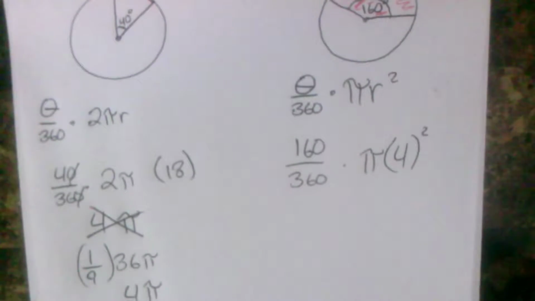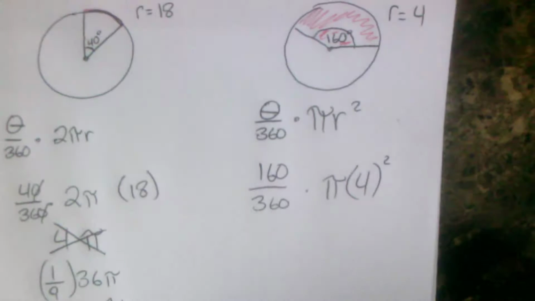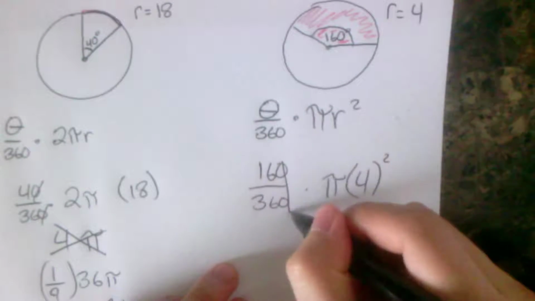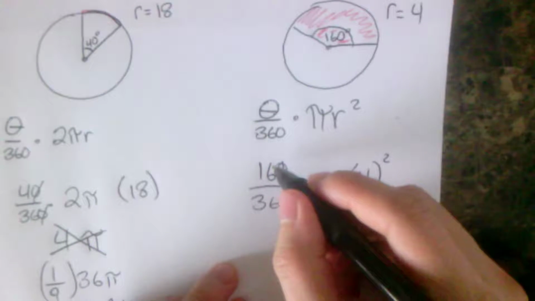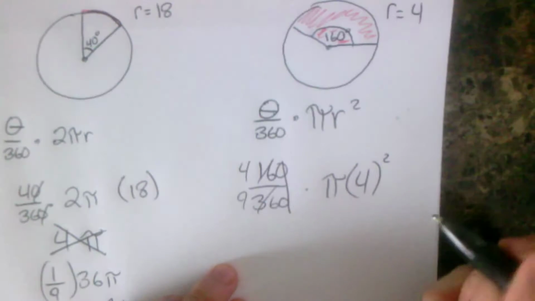From here, you're going to go ahead and work out the problem. I'm going to do it by hand first this time, and then I'll do it in the calculator. It is easy to do in the calculator, but it's okay. We'll just simplify a little bit. 4 goes into 16 and 36, so you'll end up with 4 over 9.